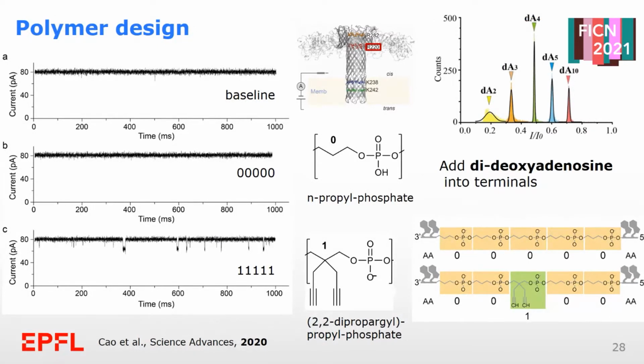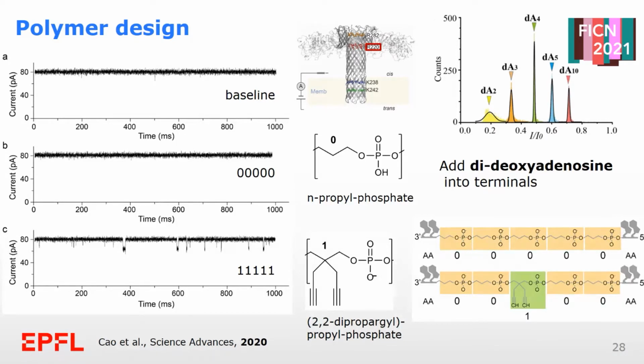So when we started with just the bare polymers, our signals were not so good. In the design of the polymers we use N-propyl phosphate as a 0 and 2,2-dipropyl propyl phosphate as a 1.